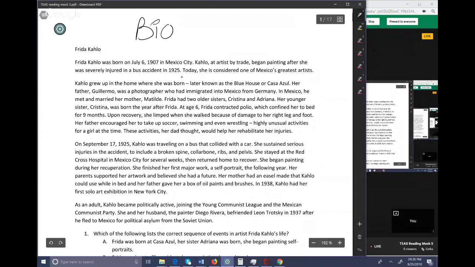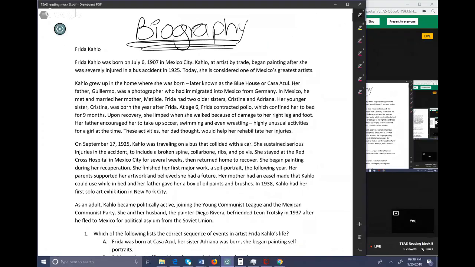If you just took reading mock 4, hopefully this did stand out to you as a biography, because I want you guys to start to recognize that as a passage type. There's a lot of things that we read that are biographies in the TEAS and elsewhere. Biography is the story of someone's life, not told by that someone, but told by somebody else. So this is about her life.